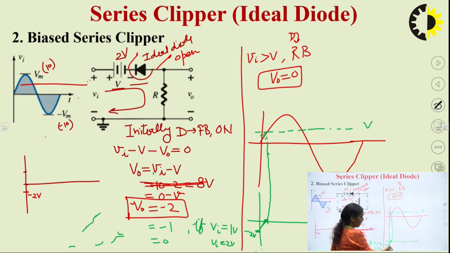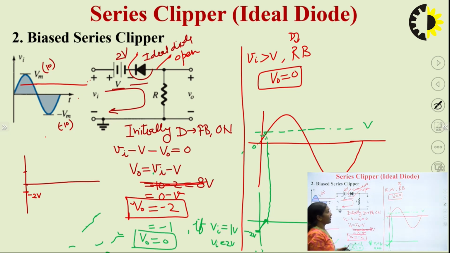So, when t is equal to 0, when signal was 0, you get minus 2 volt. At time t1, if you have the value, let us say 1 volt, then output will be equal to minus 1 volt, and if you give the input 2 volts, then at that time you get the output equal to 0.